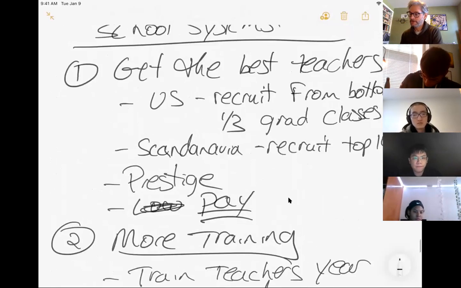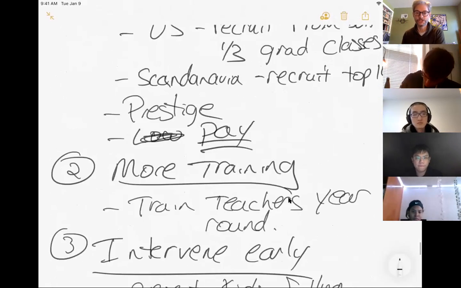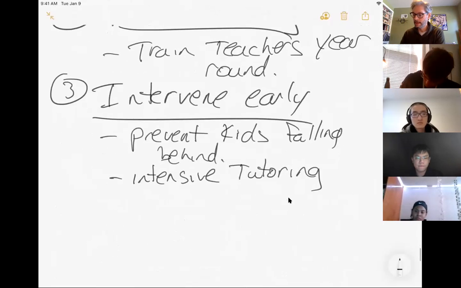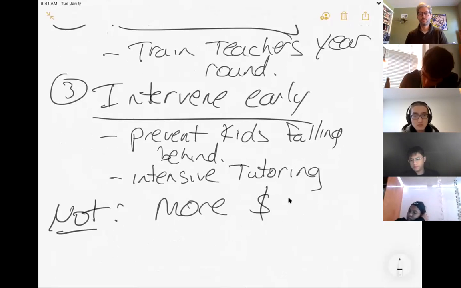One thing, though, you'll notice here, these are what I think the studies have suggested makes for good school systems. The best teachers, more training, intervening early. Something, though, that has not always worked is more money. So strangely enough, more money in and of itself is not going to create a better school system for you.